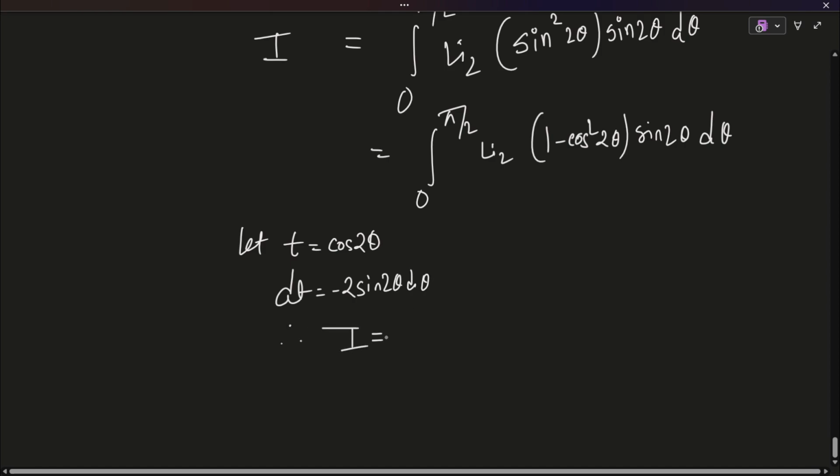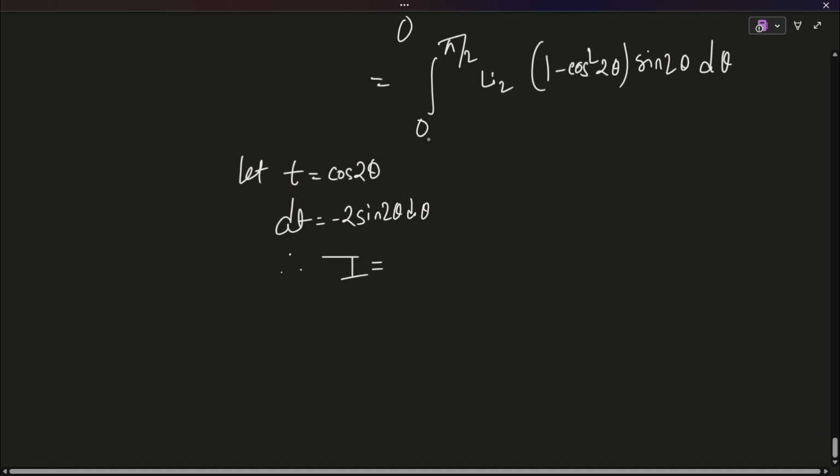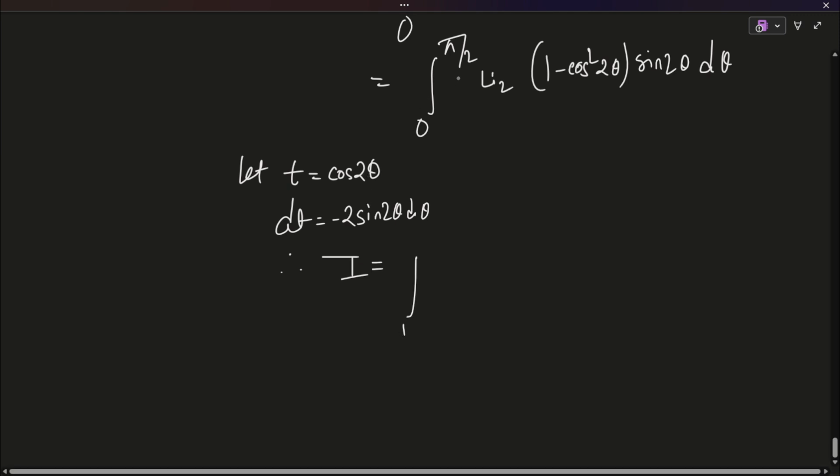Therefore, I should be equal to, now the limits, let's calculate the limits first. For theta equals 0, cos 2 theta would be cos 0, which is 1. And for theta equals pi by 2, we have t equals cos of pi, which is minus 1. And inside we should have Li2 of 1 minus t squared, multiplied by sine 2 theta d theta, which is nothing but minus dt by 2.